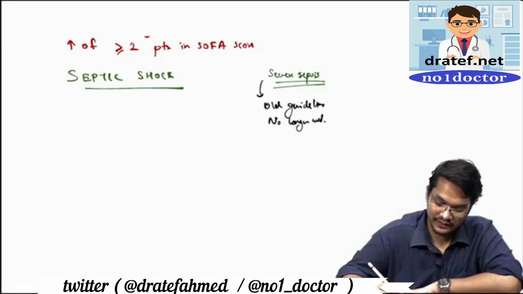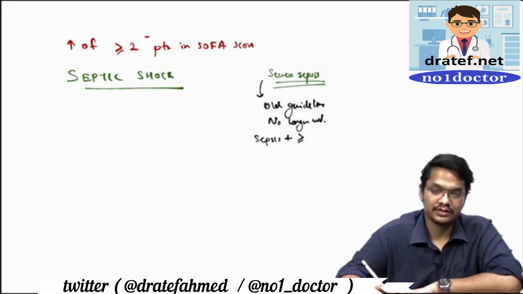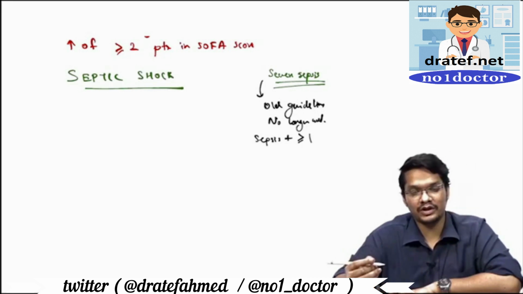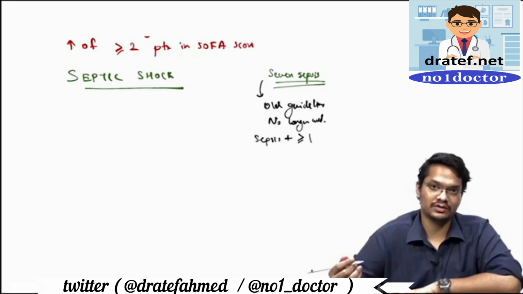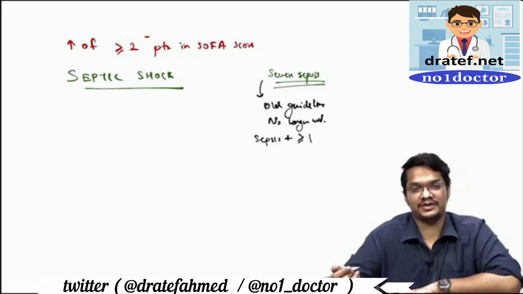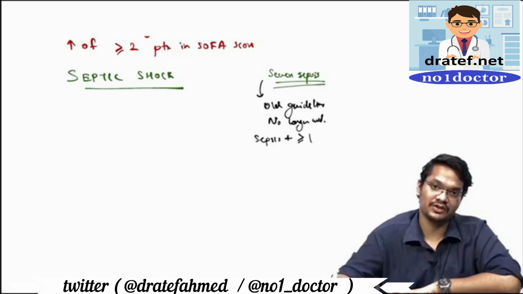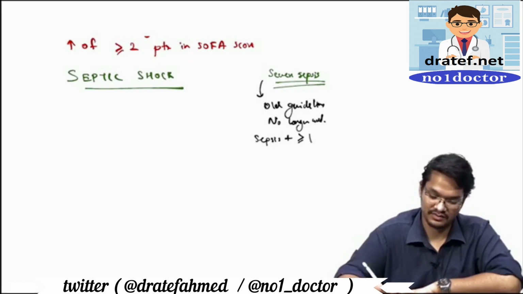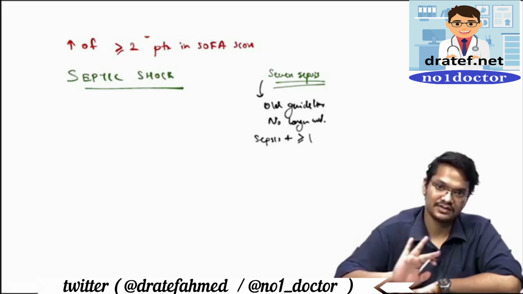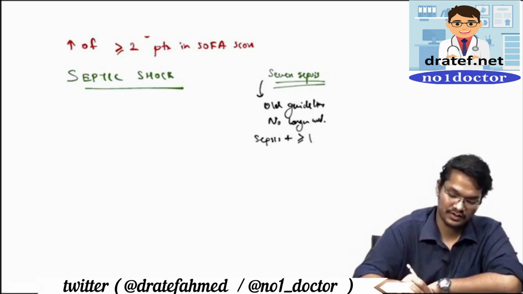What it said was sepsis plus dysfunction of more than or equal to 1. If in the patient of sepsis there is dysfunction of 1 or more organs, we say that the patient is going into severe sepsis. Okay, so this was the severe sepsis, not used now.